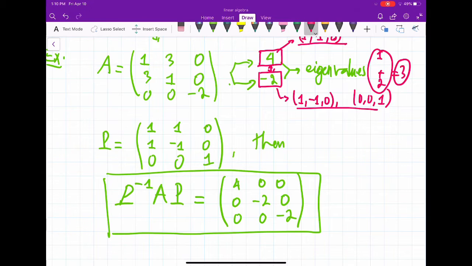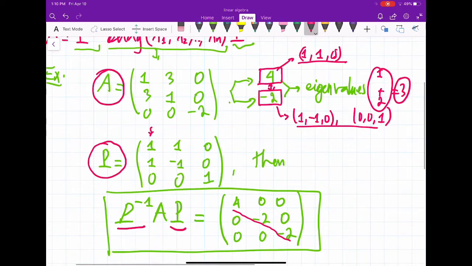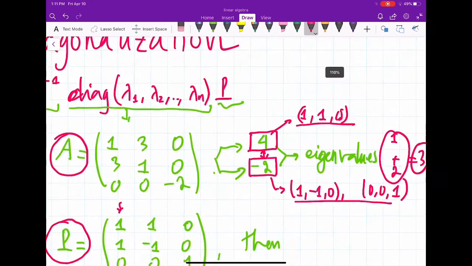That means, in this case, the matrix P diagonalizes the matrix A. You see that? You multiply P inverse from the left of A, and P from the right of A, and you get a diagonal matrix. Here's the thing. For the matrix P, the first column is 1, 1, 0, which is the eigenvector of 4, right?